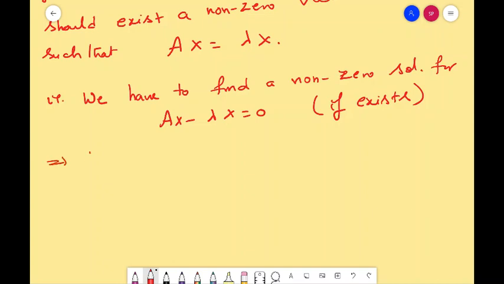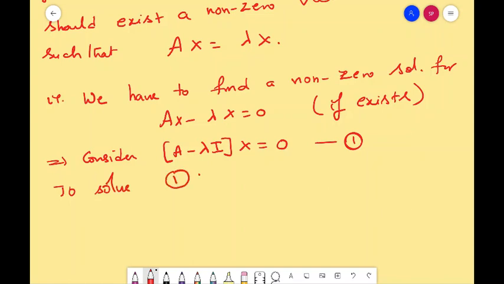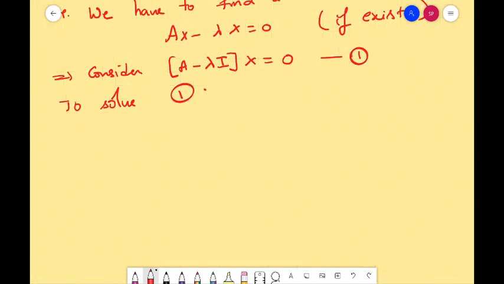That implies, consider (A minus lambda I) x is equal to 0. This equation we will consider and we will solve. To solve it, what is A minus lambda I equal to?